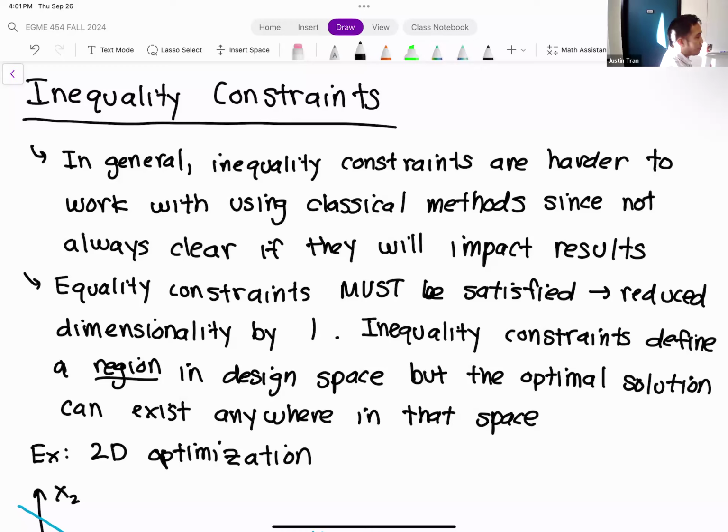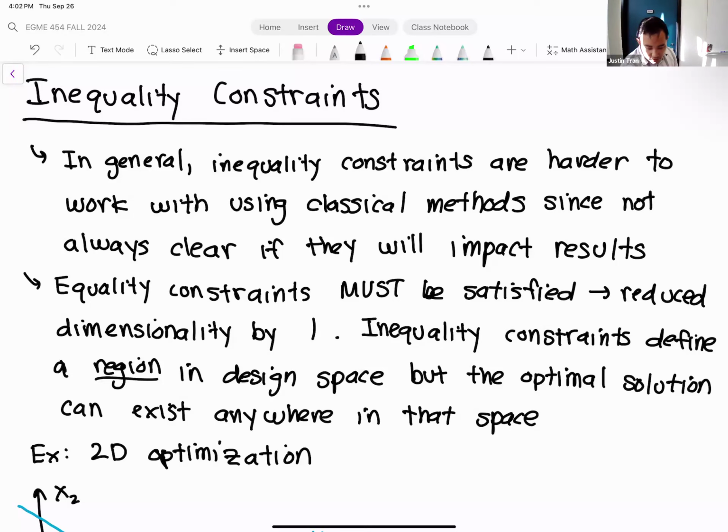But oftentimes we'll come across problems where we need to constrain the design variable in some way. We spent a lot of time talking about equality constraints, which are simply equations with equal signs that constrain our design variables. But oftentimes we'll also come across situations with inequality constraints as well. That's what we're covering.